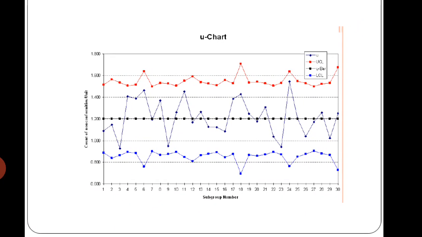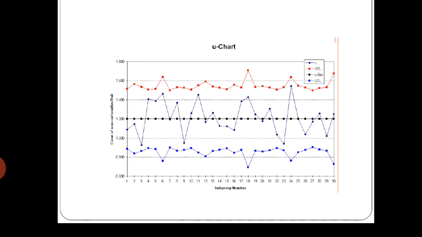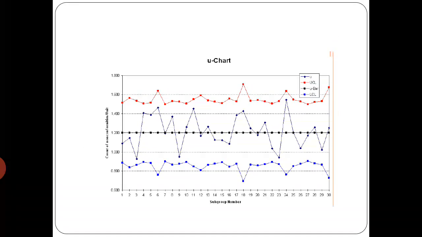Again x-axis with subgroup number, y-axis count of non-conforming units. So you only need to know the formula, and with the formula calculate the upper and lower control limits and plot the graph.